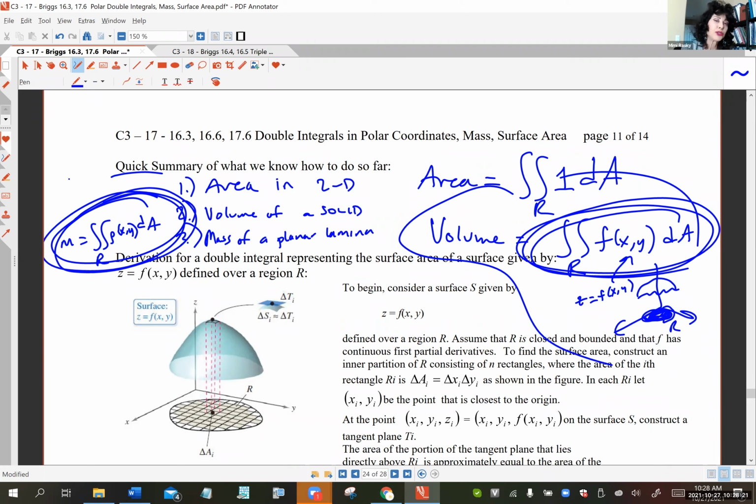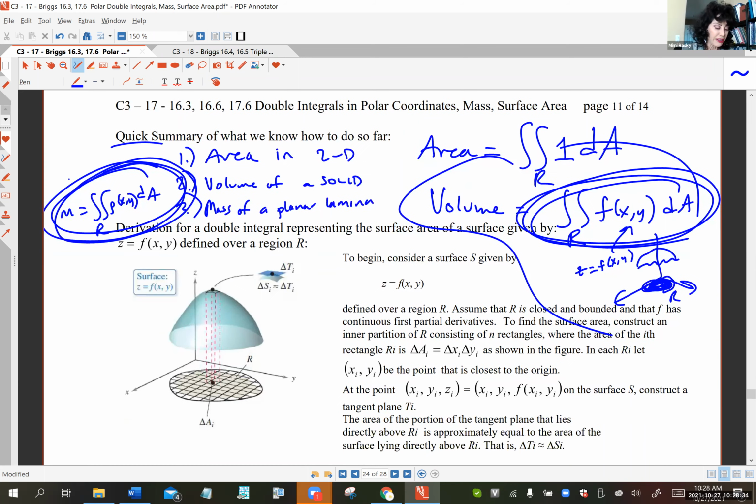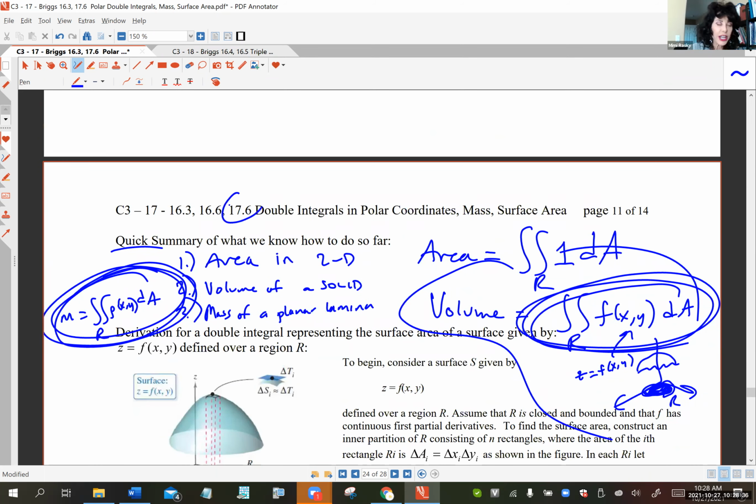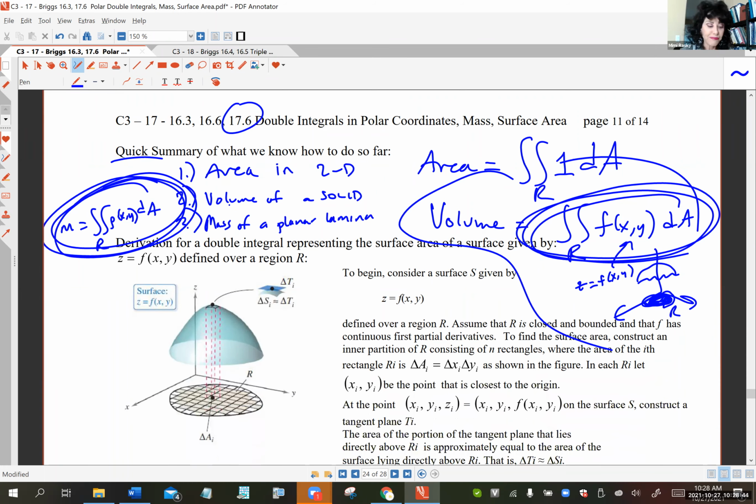Okay, now let's do a new application of a double integral. And there's going to be more, like, don't think this is it. We'll do some more when we get to the vector calculus module of the course. But there's one more that I'd like to introduce. Now, this is actually in the next chapter in our textbook, but I just want to let you know that in other textbooks, what I'm about to cover is found in this module.